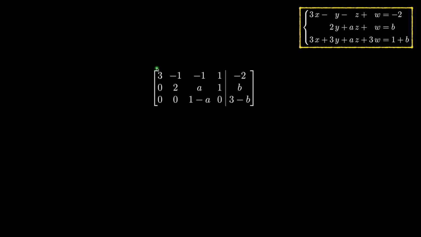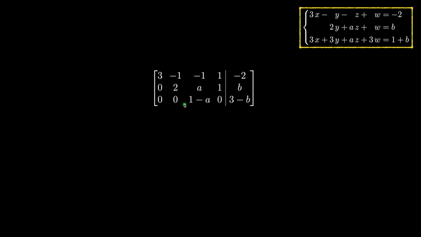If I ask you how many pivots you see in this matrix, you definitely tell me 3 is a pivot, or a leading non-zero term, and 2 is also a pivot. But you cannot say for sure that 1 minus a is also a pivot, because if a is equal to 1, then this entry becomes 0, and this doesn't have any pivots except the last one.